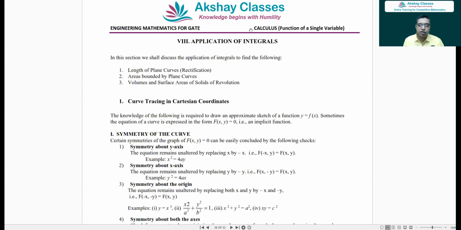These are all calculus of functions of single variable. There's multiple integrals. We will come to multiple integrals after we have a discussion on functions of several variables.